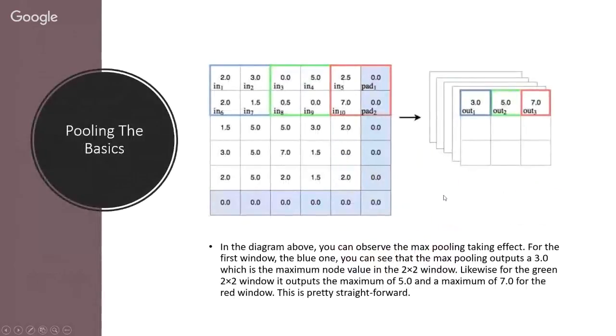The basics of pooling. In the diagram above, you can observe the max pooling taking effect. For the first window in blue, you can see that the max pooling outputs 3, which is the maximum node value for that 2x2 window. Likewise, the green 2x2 outputs 5.0 and the red has a maximum of 7.1.